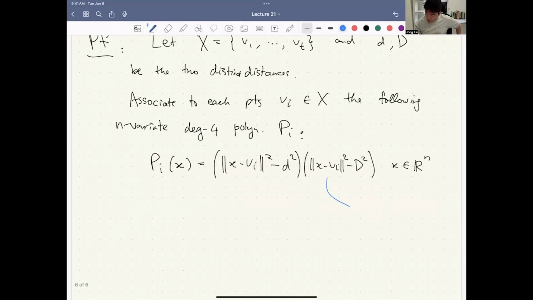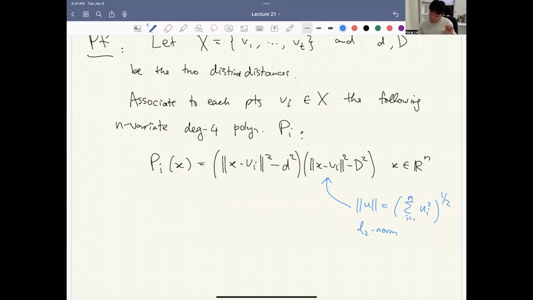Here, I use this norm to mean the little L2 norm, which equals the Euclidean length. That just means the sum of ui squared, i goes from 1 to n, and you take a square root of that.